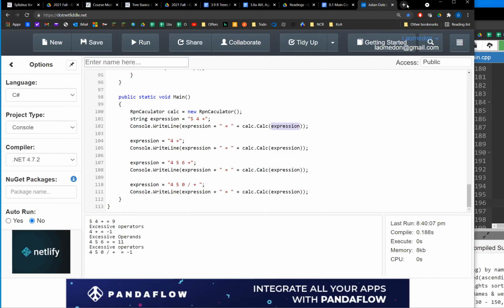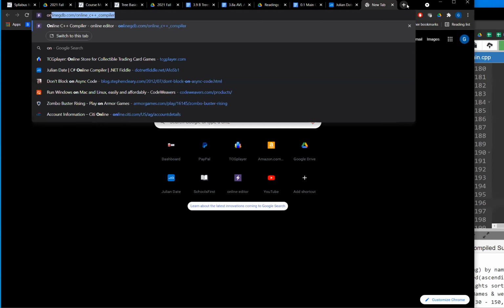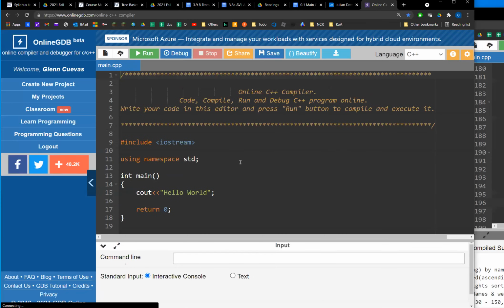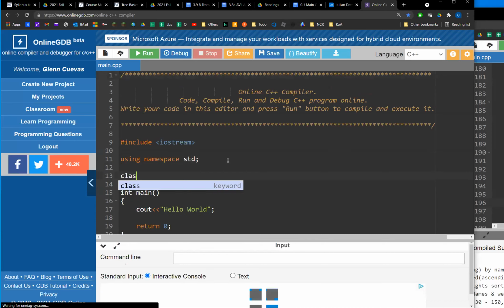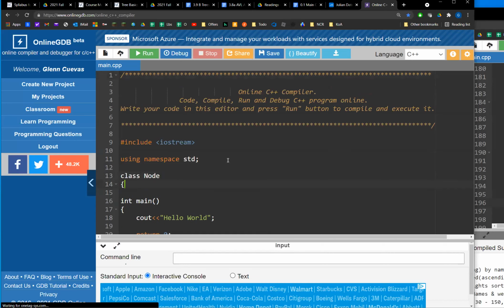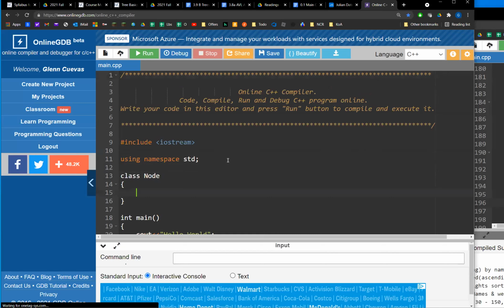Okay, now let's talk some more about pointers versus objects.